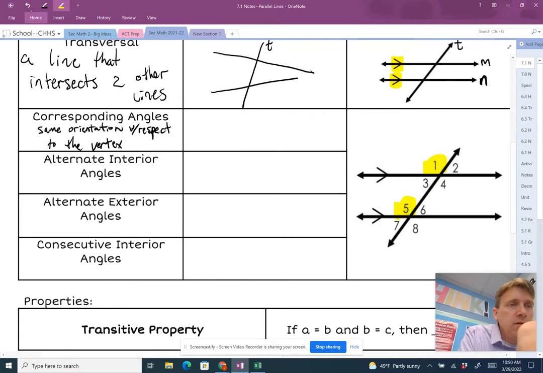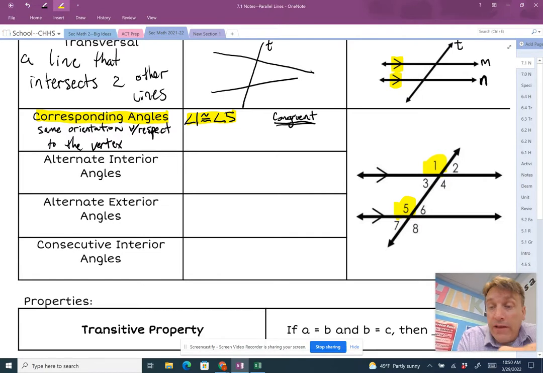And they are congruent. And so I can say angle 1 is congruent to angle 5 because they are corresponding angles. Okay? Angle 1 and angle 5 are congruent. They are corresponding angles.